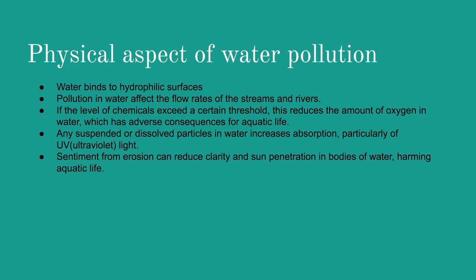If the levels of chemicals exceed a certain threshold, this reduces the amount of oxygen in water. Any suspended or dissolved particles in water increase absorption, particularly of ultraviolet light. This can harm organisms in the ocean, as sediments from erosion can reduce the clarity and sun penetration in bodies of water.